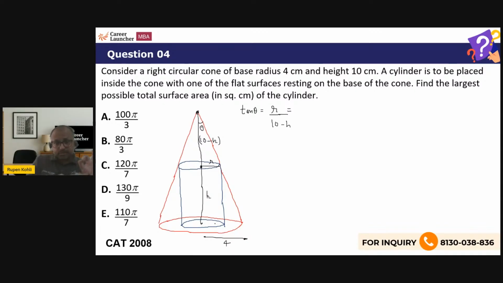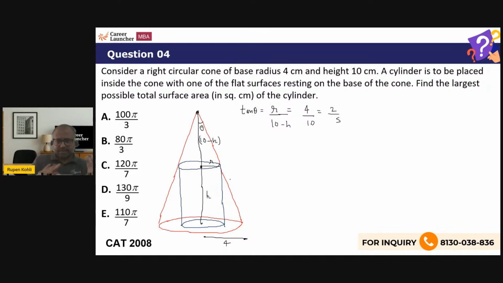But at the same time, for the larger triangle, the same tan theta is the bigger radius 4 upon the total height of 10, which is 2 by 5. So the point is, these are similar triangles.